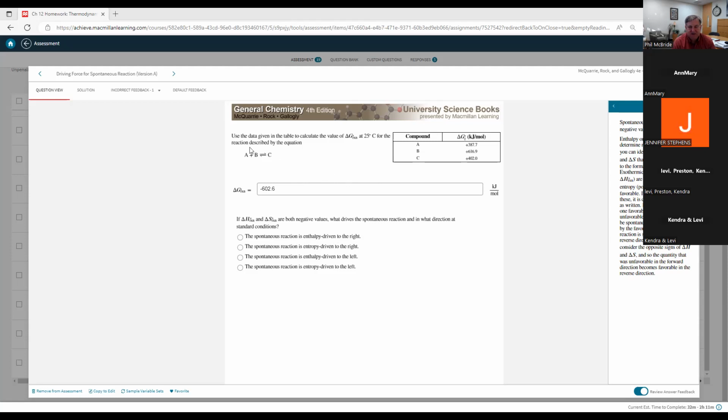Does spontaneous make more products or more reactants? More reactants? More reactants if it's negative?